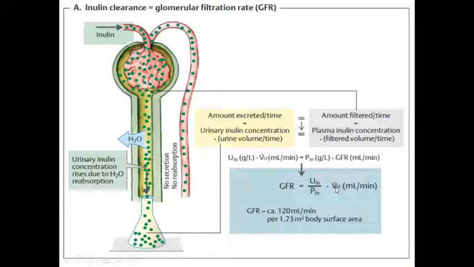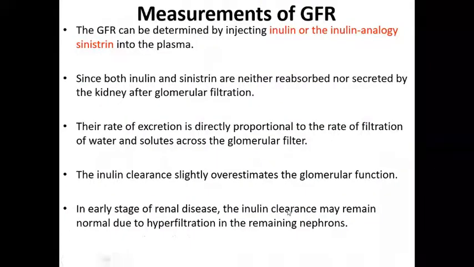So if you've collected 2 liters of urine in 24 hours, you are going to convert it into mils per minute, which is simple and straightforward. With these variables, you are able to calculate the glomerular filtration rate. It can be calculated to be 120 or 125 mils per minute, which gives you a similar value to the previous equation.